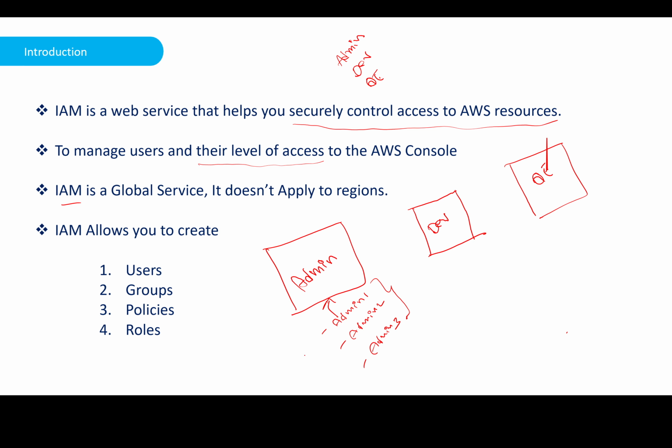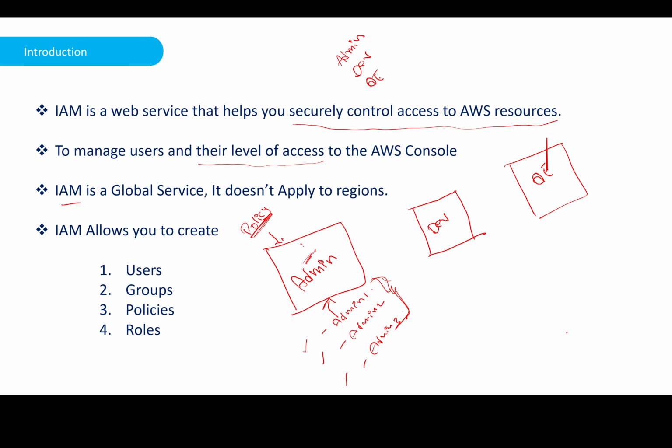How? Let us say I need to provide full permissions, full access to these three users. Instead of providing the permissions to these three users individually, I can provide permission on the group with the help of a policy. How can the permissions be provided using a policy? I will attach a policy to this group so that this policy will be applied to all the users present in that particular group.